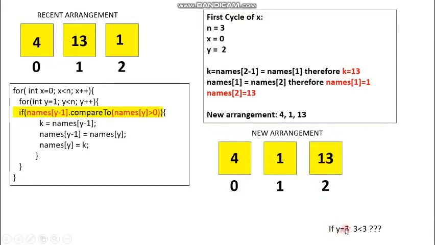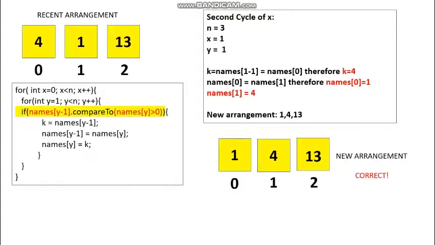Sa pagpuproceed natin ng y, kapag nag-increment tayo ng isa pa, is 3 is less than 3? Siyempre hindi na pwede. That's why, ititigil natin to. And then, we're going to back to the original for loop. And then, mag-increment tayo ng isa, ng 1. Therefore, the new value of x is 1.